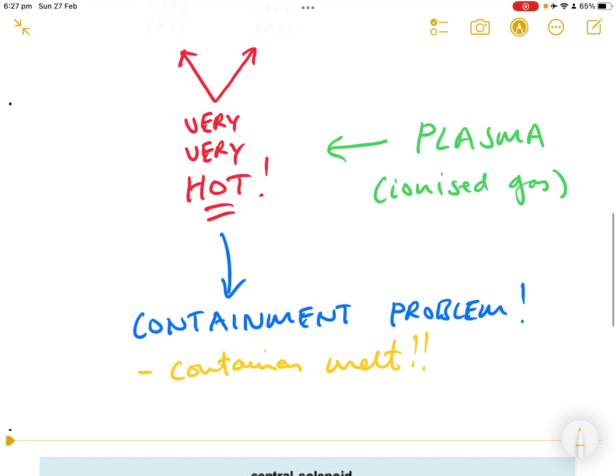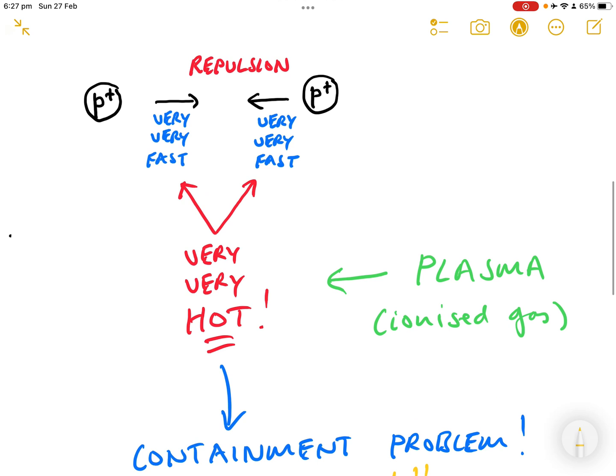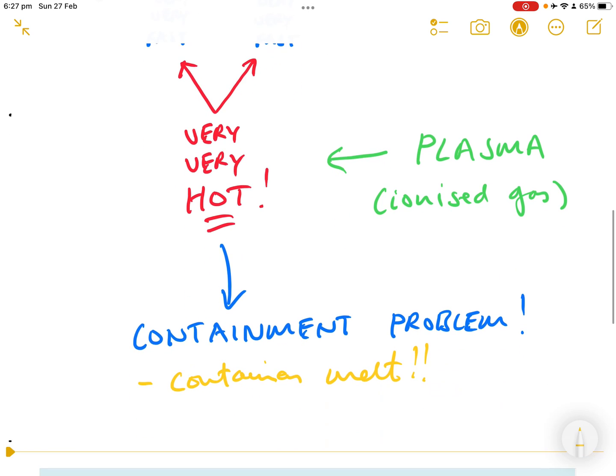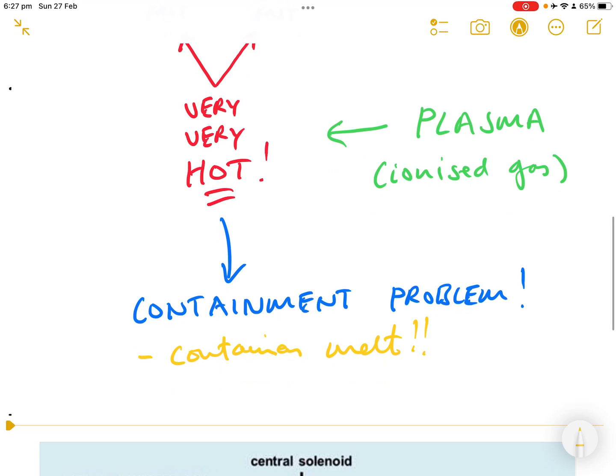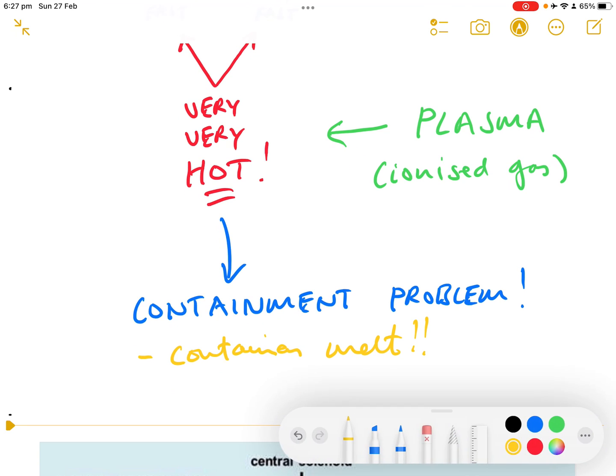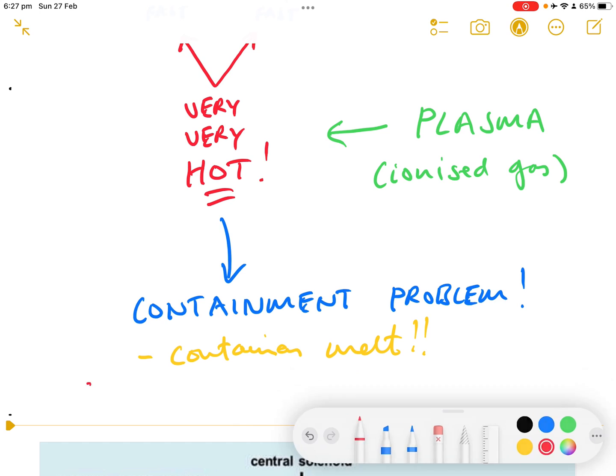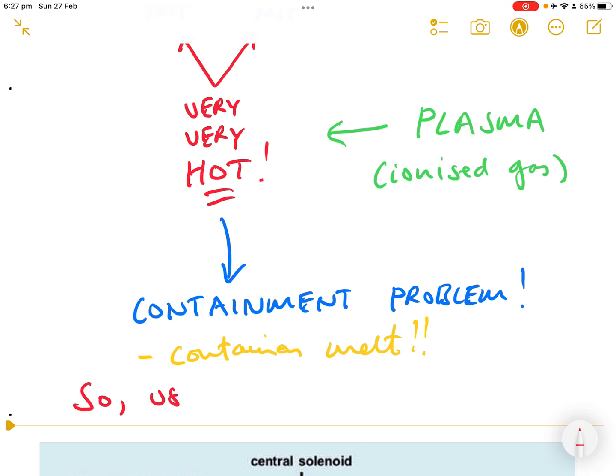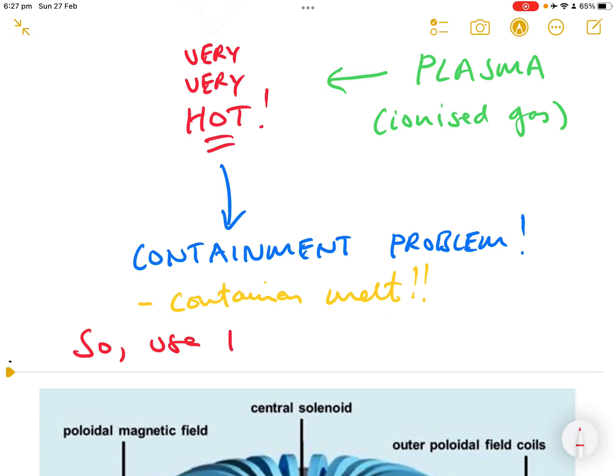There is no physical container that, if it comes into contact with these very fast-moving hydrogen nuclei, can withstand the temperatures, and basically they will melt. So, what's the solution? We use what's called plasma containment.